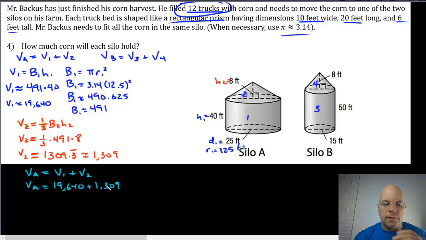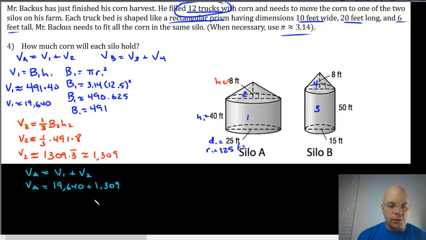You see how small the volume of the cone is compared to the volume of the cylinder. The cylinder is much larger than this conical top section. And in a real silo, I don't even know if you would ever fill up into this conical area. Probably not. But just for the purposes of this problem, we're going to assume that all of this volume is available for the corn.